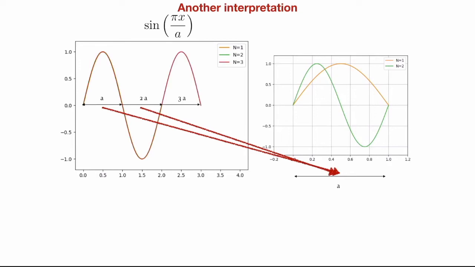Now we take an interval from 0 to 3a and plot the same function sine pi x by a. Now we map this interval from 0 to 3a to 0 to a. Then we see nicely that it would look like sine 3 pi x by a.